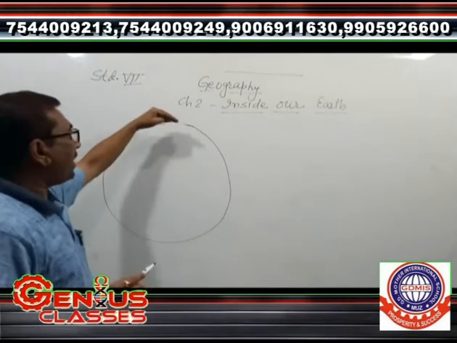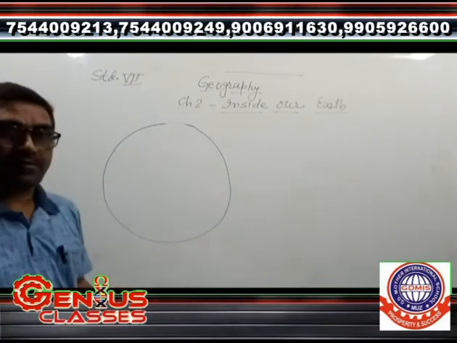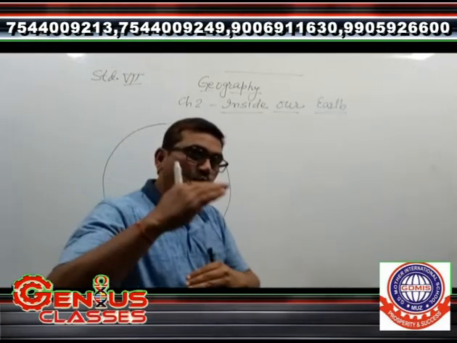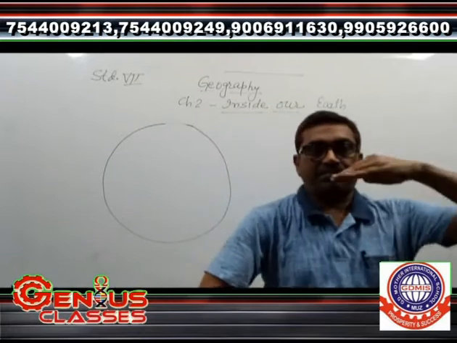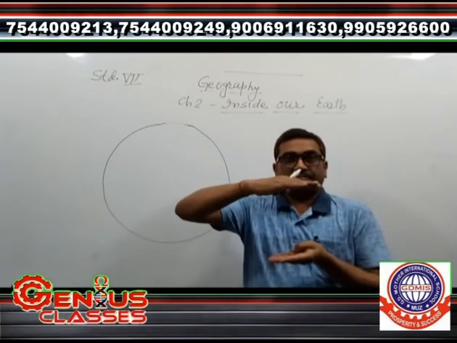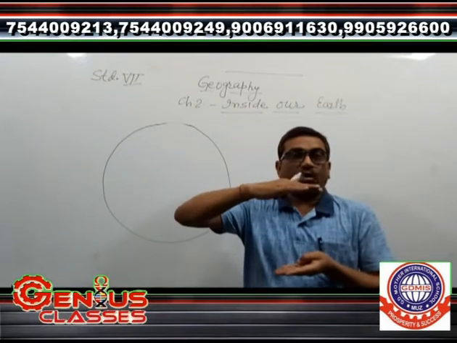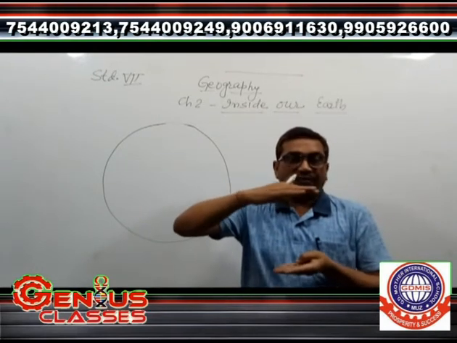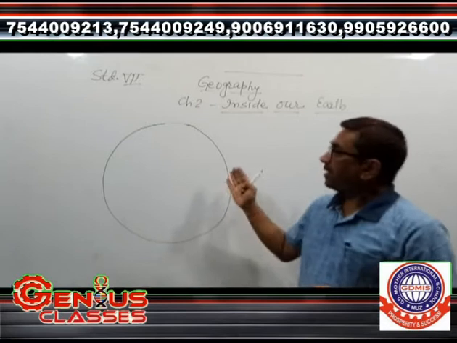It is flat at the top and the bottom, at both poles, slightly flattened. We take the shape of an orange. It is not so round, it is flat at the top. So its shape is like that.